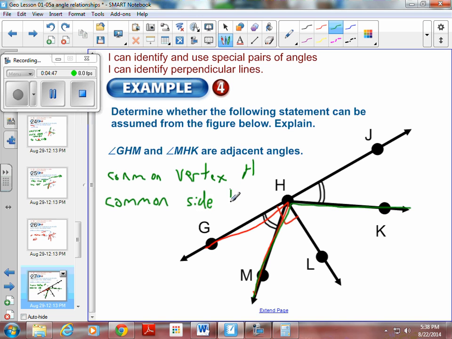And their common side is this HM ray. So they've got a common vertex of H, a common side of HM ray, and no points are inside of each other, right? So G is not in between M and K or anything. So yes, this is a good one. Yes.